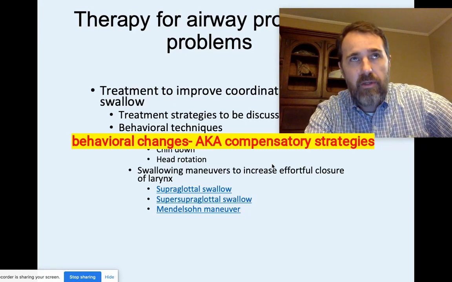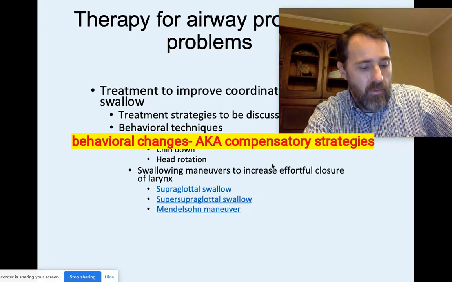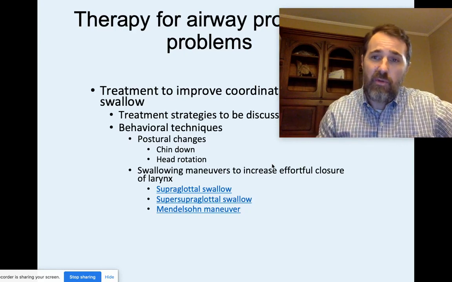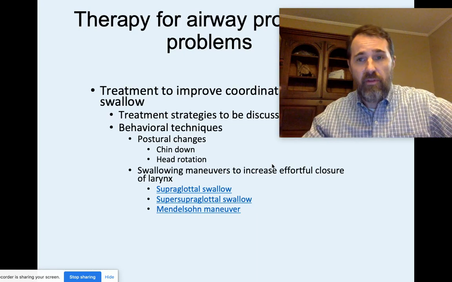Behavioral changes that we do for airway protection, and this is sort of the same as what we're going to cover in the future.